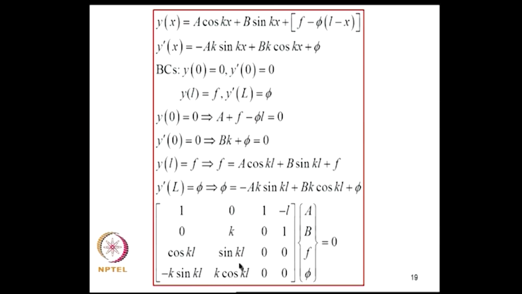If I impose that, we get the determinant of this matrix as minus 1 if we expand that, and it is independent of the applied load. So, the determinant of this matrix is not 0, and the only possible solution is the trivial solution. What it means is that only the trivial solution is possible for all values of k, that means no matter what the load P is, the equilibrium position is always stable.